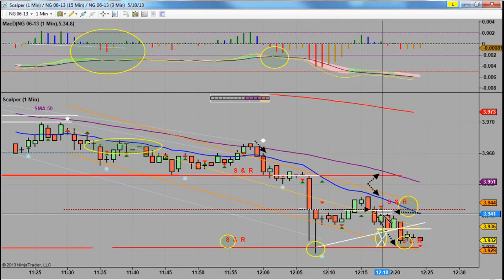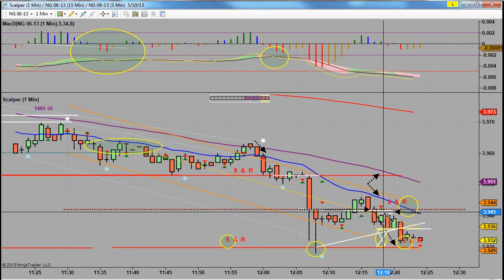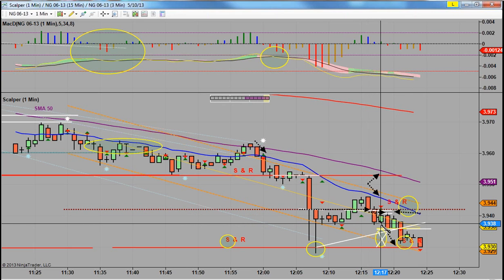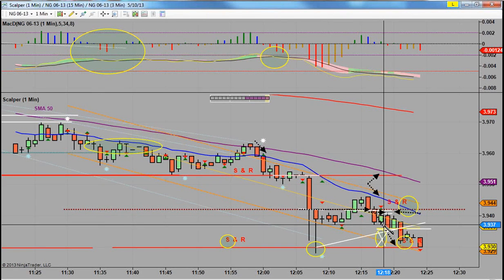So this little bit of a gap tells me that this is a better entry. But maybe you took one or two ticks here, and your trade was a positive, and nobody's going to beat you up for that. You had a nice positive trade.